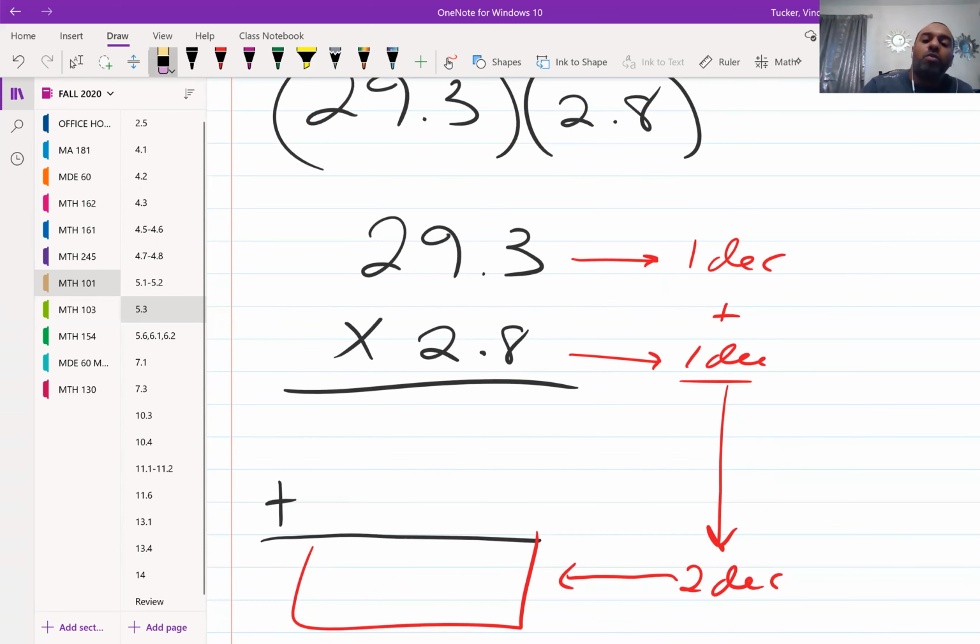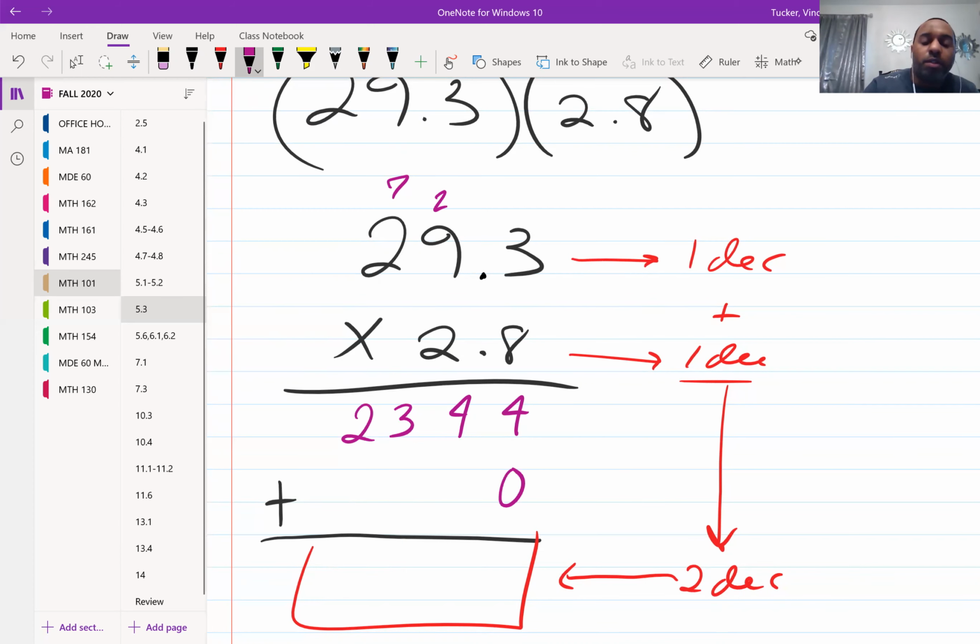All right, so once again, you ignore the decimals until the end. So you're going to do 8 times 3, which is 24, carry your 2. 8 times 9 is 72, plus 2 is 74, carry your 7. 8 times 2 is 16, plus 7 is 23.